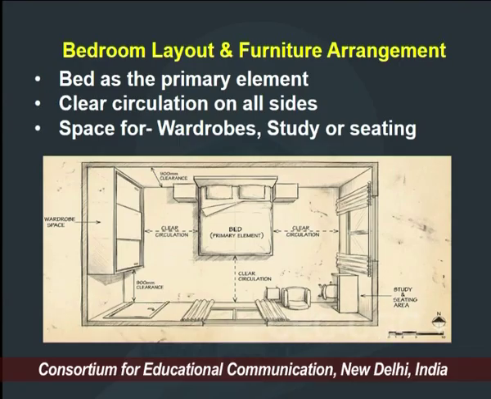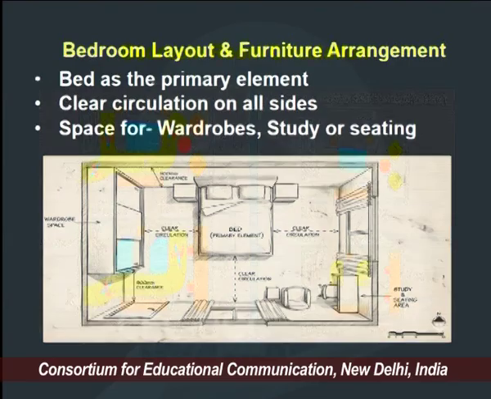Apart from bed, the bedroom should have the spaces for wardrobes, study or seating areas. And many a times a bedroom, especially the master bedroom or the primary bedroom, is accompanied with a toilet and a dress area. So the wardrobe can be merged into the dressing area, or it can also be merged with the vanity area.